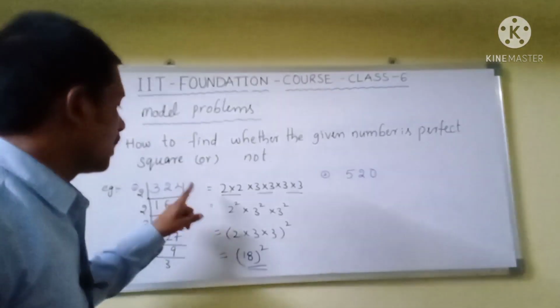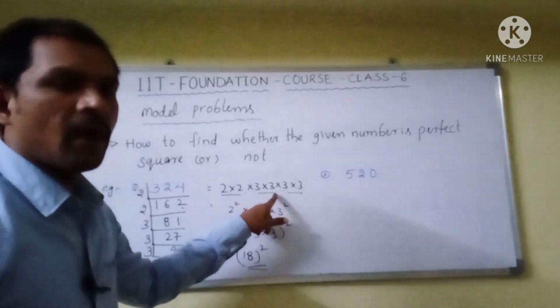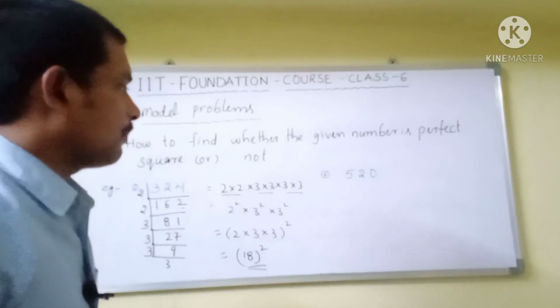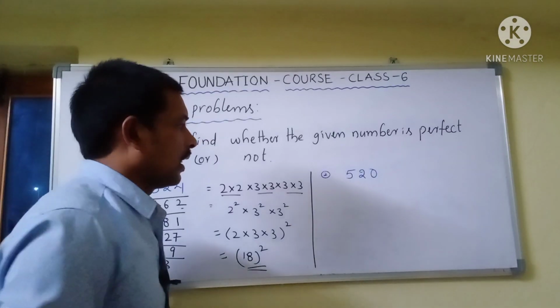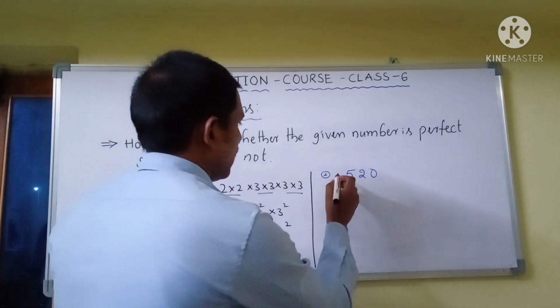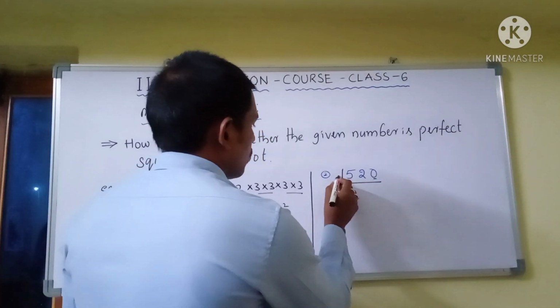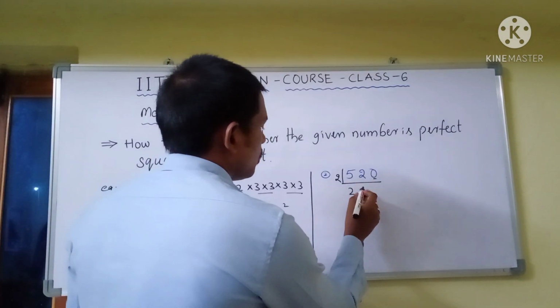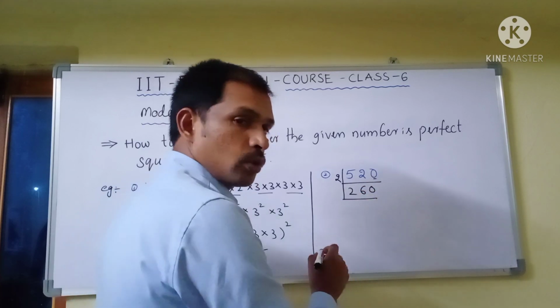Why? Because the factors we are getting are each time in the form of pairs. Now if you observe another example, 520, you can divide by 2. So 2 2s are 4, 2 6s are 12, and 0. Again you can divide by 2.